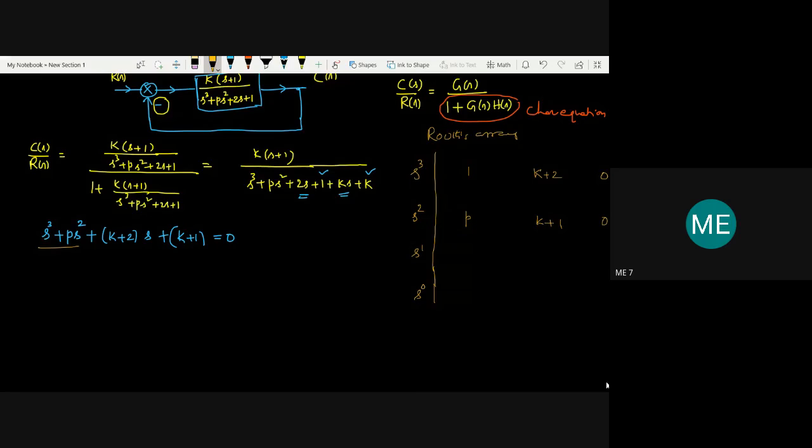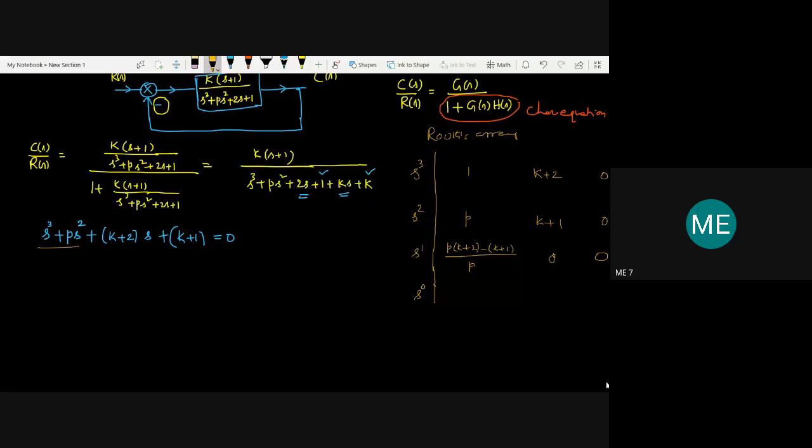Now this row we need to calculate, that is p into (k plus 2) minus (k plus 1) into 1 divided by p. And then p into 0 minus 1 into 0 divided by p, so this will become 0, and this also will become 0.